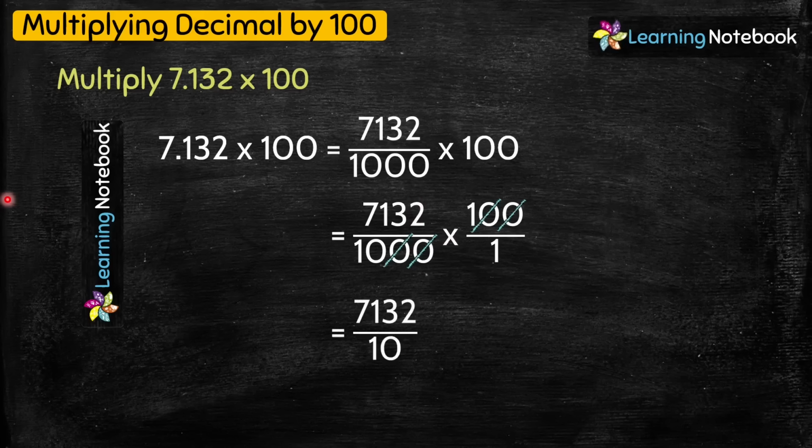And we get 7132 by 10. Again, let's convert this into decimal now. There is only 1 zero in the denominator. So we will place decimal point after 1 decimal place. So answer is 713.2. So here we can observe that when a decimal number is multiplied by 100, the decimal point moves to the right by 2 places.